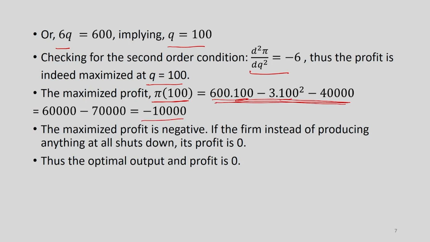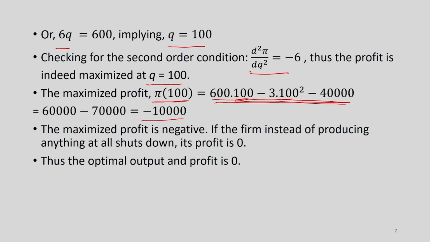So what it basically means is that if the producer produces q greater than 0, then the highest amount of profit that he can get is minus 10,000, it is negative.